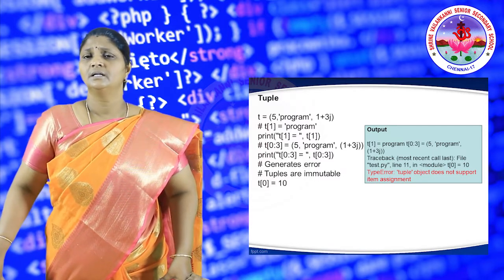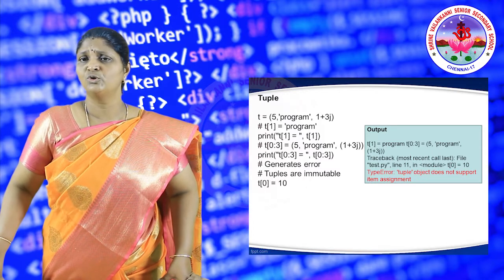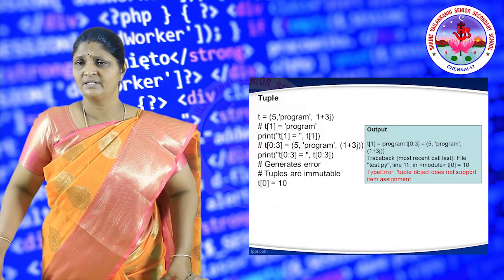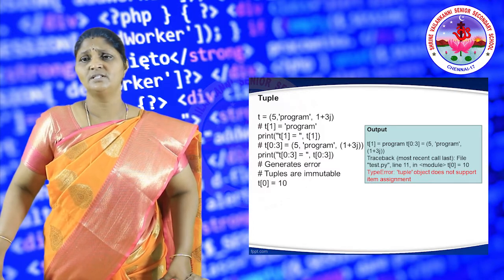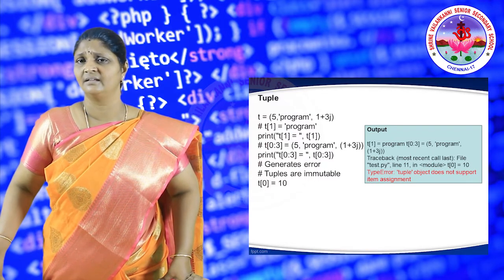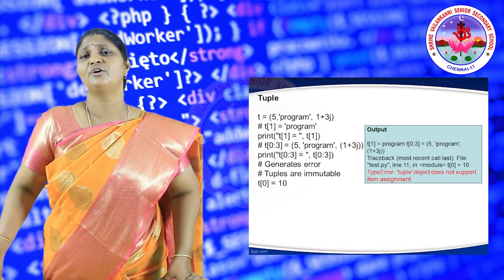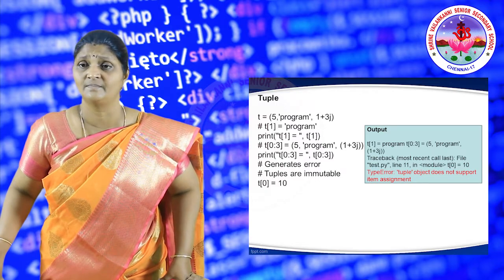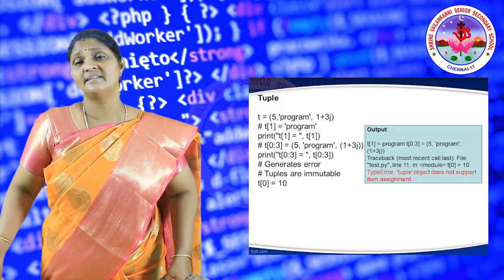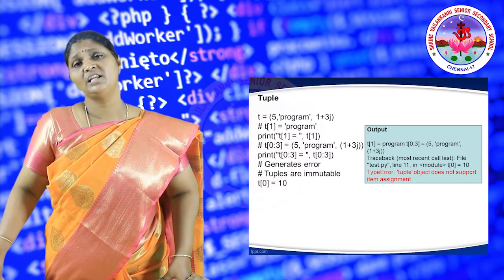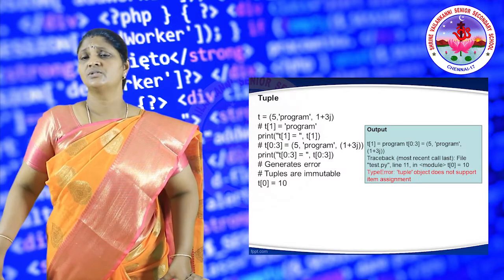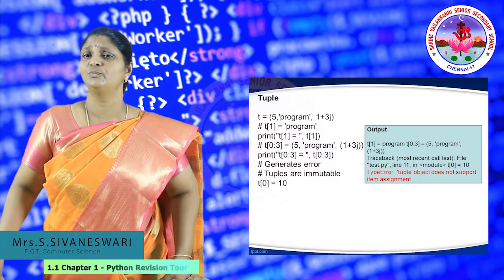We are trying to print 0 to 3. What happens? It's not printing. What is the problem here? T of 0 is changed to 10. I'm trying to change it with t of 0 is equal to 10 at the last statement. So it generates an error. It doesn't show any of the output. That is what is shown in the output section.